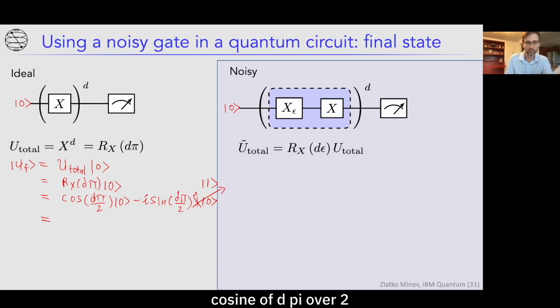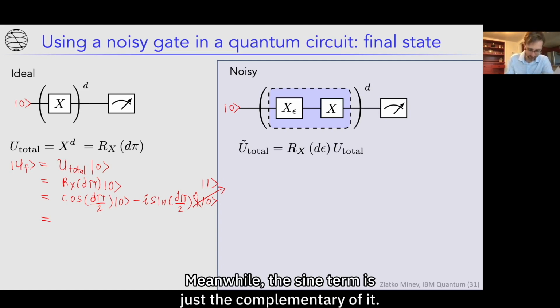So rewriting this a little bit further, we can see that on the left here, cosine of d pi over 2 is going to give us either 0 or 1. So cosine of 0 is 1, cosine of pi is 0. So we will have this be either 1 or 0 for even and odd respectively. Meanwhile, the sine term is just the complementary of it.